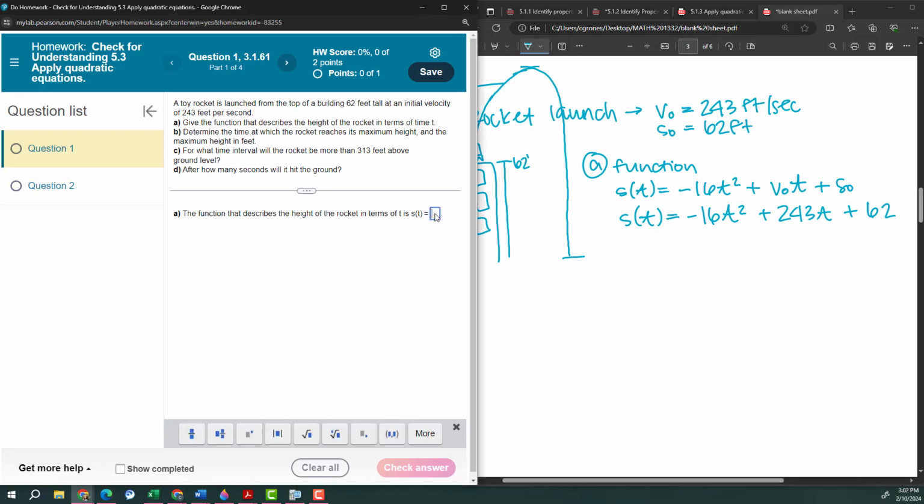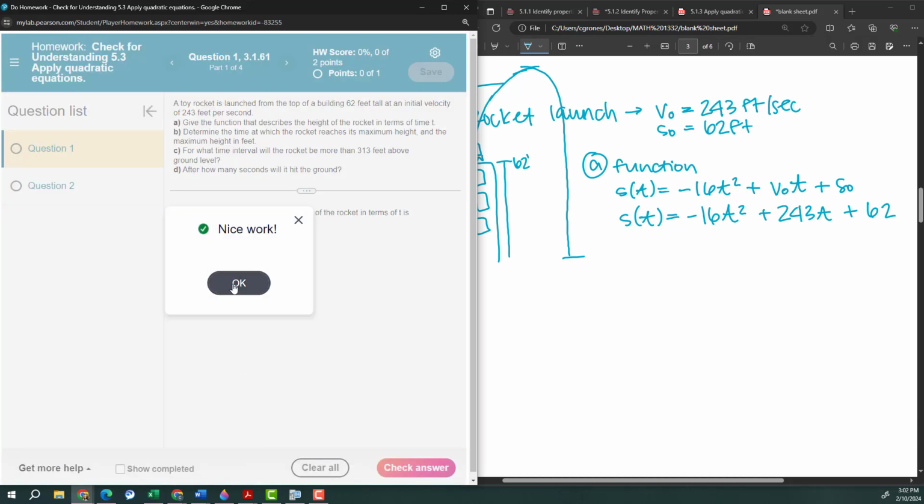So this will be our answer for part A. They already give you S of t. We just need to type in the rest of our equation. So -16 t squared, we're going to use this box down here, plus 243 t plus 62. Okay, this is part A.